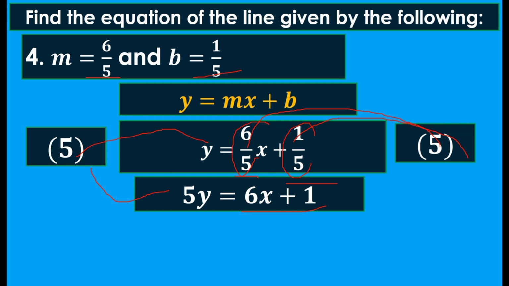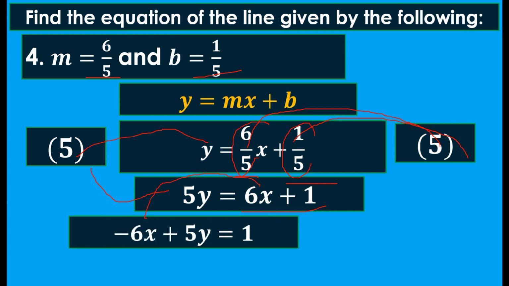Now, si 6x ay magkatabi lagi kay y kasi nga they belong together. At si 1 ay lagi nasa after ng equal sign. So, therefore, i-transfer natin si 6x sa left. So, pag transfer si 6x sa left, magiging negative 6x. At si 5y ay kokopyahin lang, si 1 din ay kokopyahin lang. Okay? So, magiging negative 6x plus 5y equals 1.